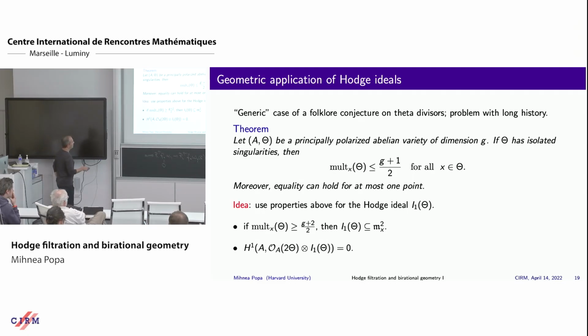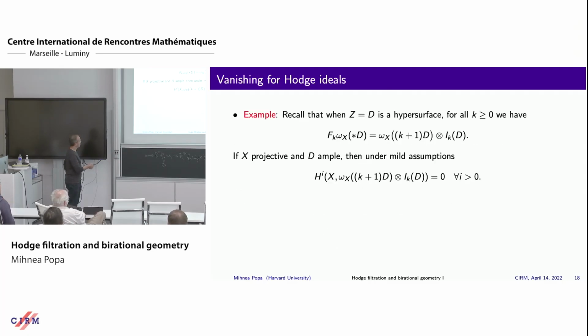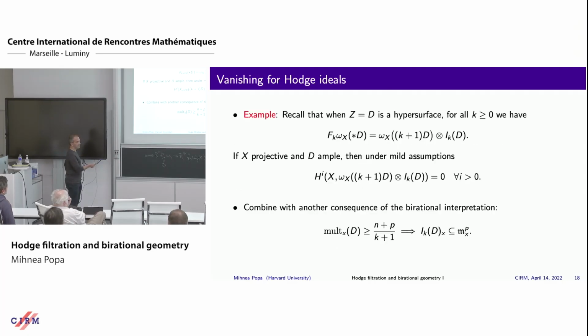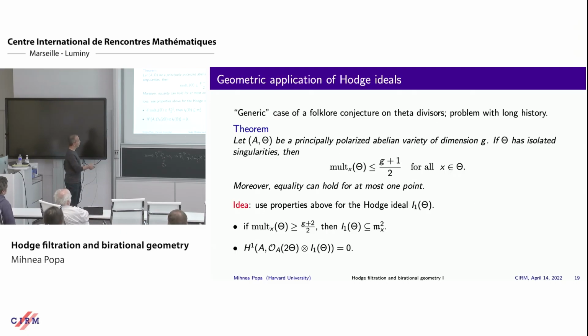But here we look at I_1, and if the theorem weren't true, I gave you some bounds here, general bounds about multiplicities. If you read through what this means, at a completely general point, if the theorem weren't true, then the first Hodge ideal would be contained in the square of the ideal of the point on the abelian variety.